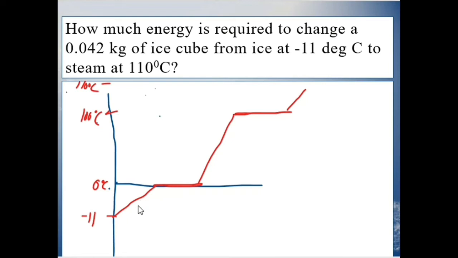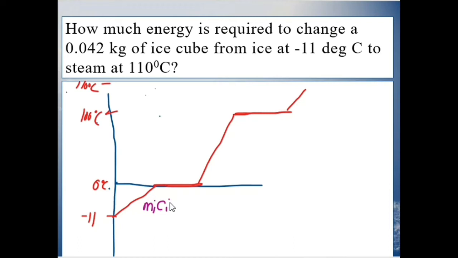So during this point, we have M, it's still ice, so that's the mass of the ice. C of the ice, take note, the specific heat capacity for ice is different from the specific heat capacity for water, and also different from that of water vapor.